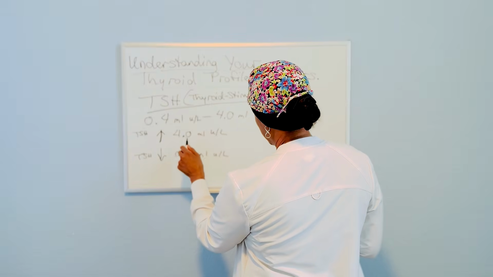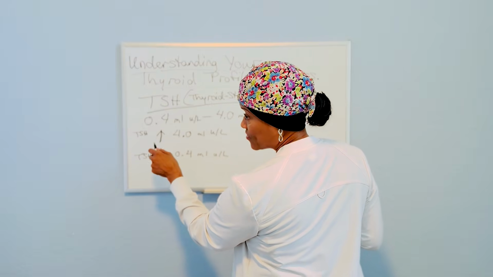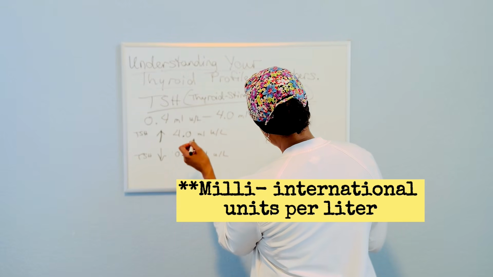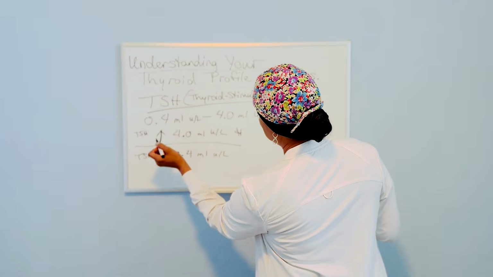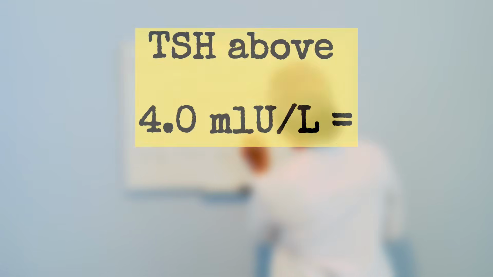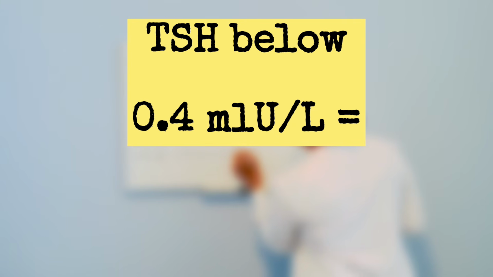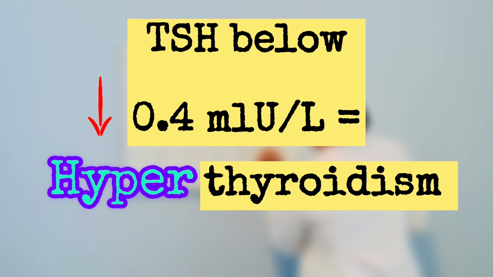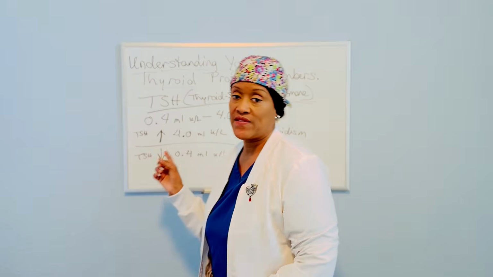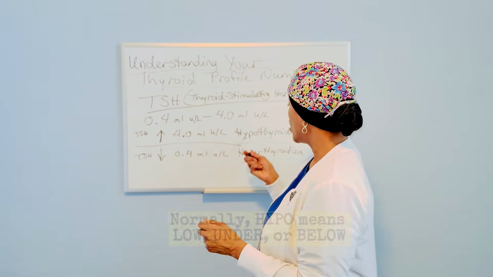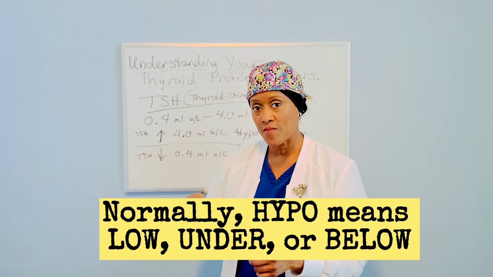This number here, the elevated, if it's above 4.0 milli international units per liter, that is known as hypothyroidism. And if it's below, it's hyperthyroidism. And I found this very confusing in nursing school because usually hypo means low.